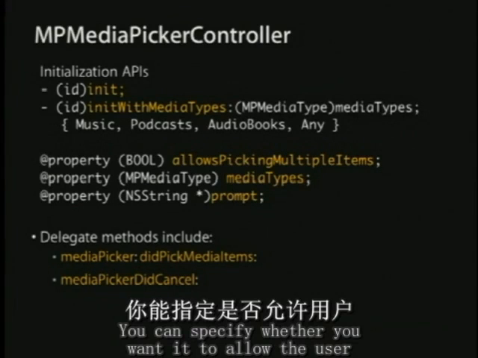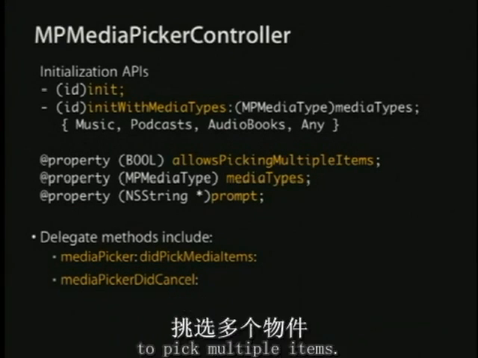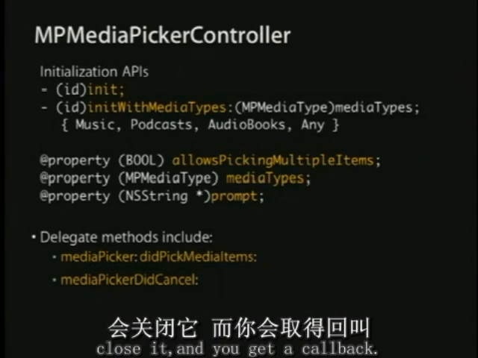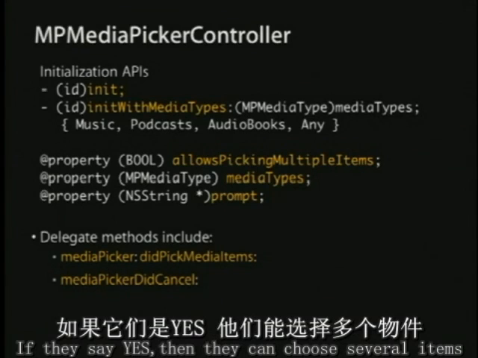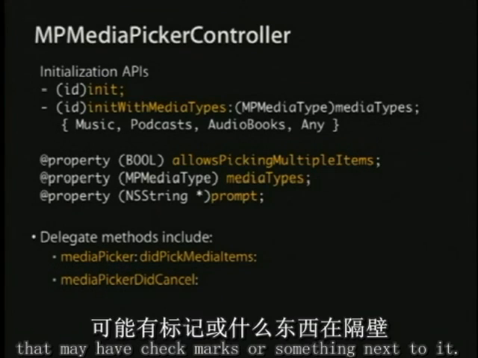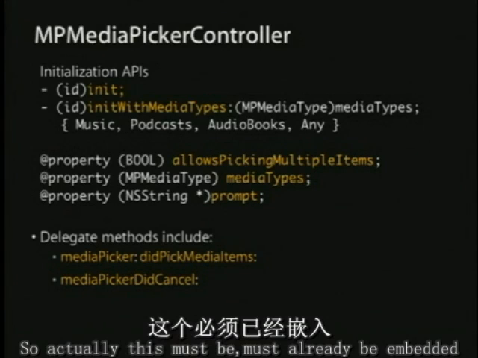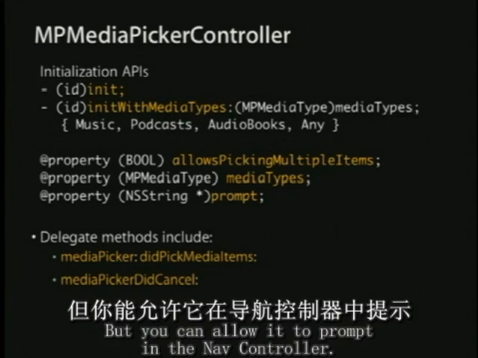You can specify whether you want it to allow the user to pick multiple items. If you say no, then the first thing they pick is going to close it, and you get a callback. If they say yes, then they can choose several items, and it may have check marks next to them. You can also provide a prompt. This must already be embedded in a modal view controller, but you can allow it to prompt in the nav controller.